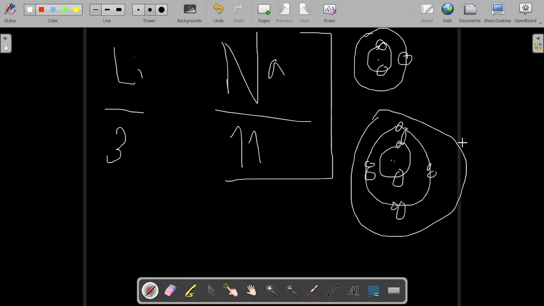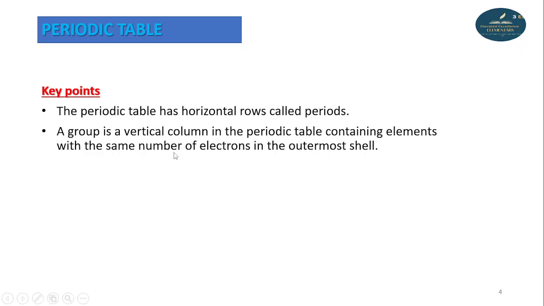So now, based on these points that have been highlighted here, a group is a vertical column in the periodic table containing elements with the same number of electrons in the outermost shell. So elements in the same group contain the same number of electrons in the outermost shell.